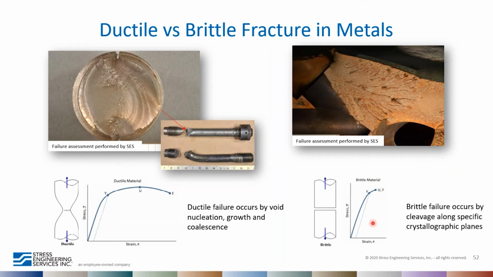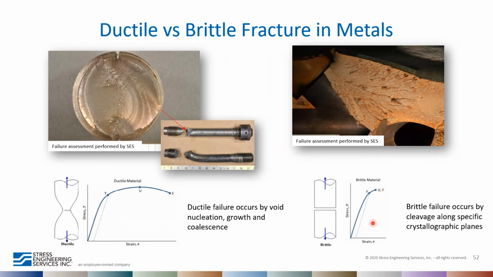So brittle fracture occurs by cleavage along specific crystallographic planes within the metal structure. So you're actually breaking bonds here in order for cleavage to occur. And cleavage is actually influenced by the presence of multiple second phase inclusion particles within the microstructure, which can serve as very local stress risers and create stresses high enough to break the metal bonds and induce a cleavage fracture.